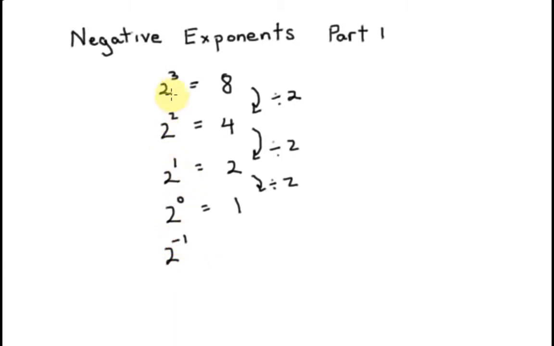You see how I've taken these exponents and I'm reducing them by 1, and the pattern on the right says we just divide by 2. So this should equal 1 divided by 2, and 1 divided by 2 is 1/2. So there we have it. 2 to the negative 1 equals 1/2.